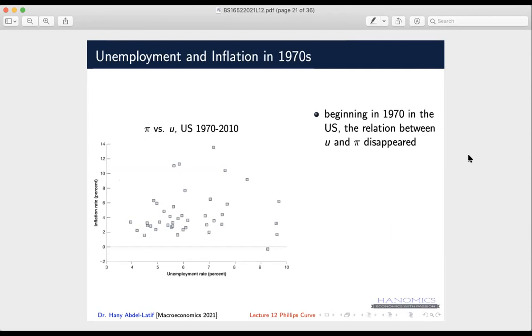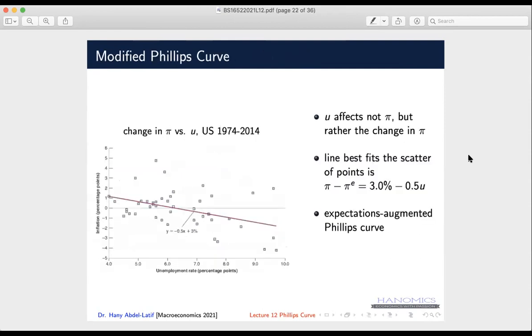As I said, in the 1970s this straightforward relationship kind of broke down, but then, after considering expectations about inflation and augmenting the Phillips curve, that's why the equation we saw is not the original Phillips curve.